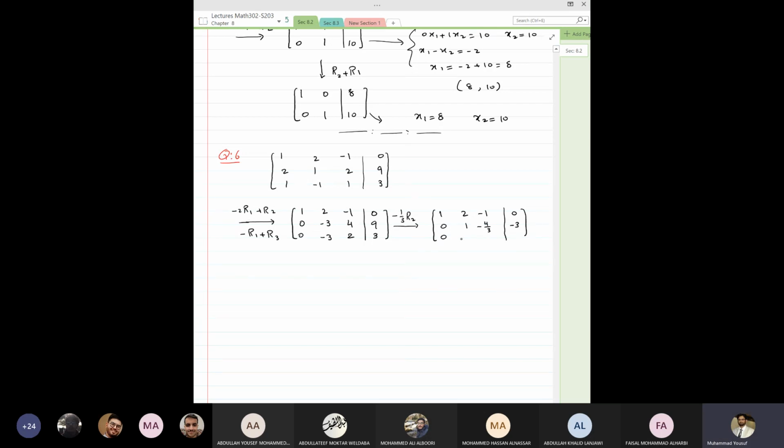And 0, negative 3, 2, and 3. Now, the leading coefficient in row 2 is 1, and below that I need to make 0. So what I do? 3 times row 2, add in row 3.